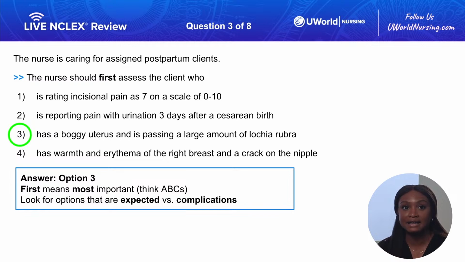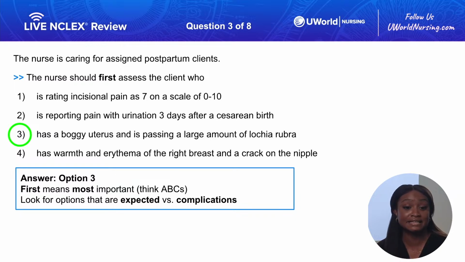If it lasts significantly more time after that and the uterus is still boggy, this would be a concern. So this would be the C in our ABCs. We're bleeding and it puts them at risk for postpartum hemorrhaging. So we want to firm up that uterus by rubbing on the fundus and get that uterus to contract to stop that bleeding and to clot off everything that is going on in the uterus.